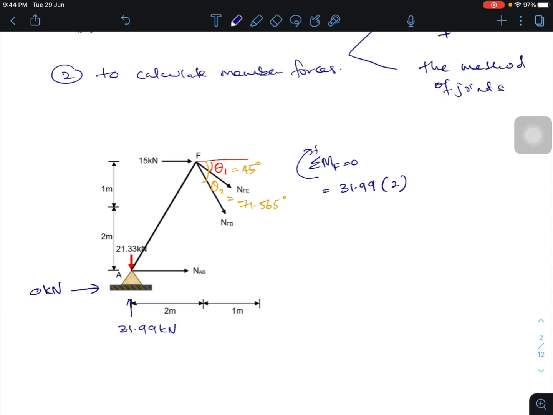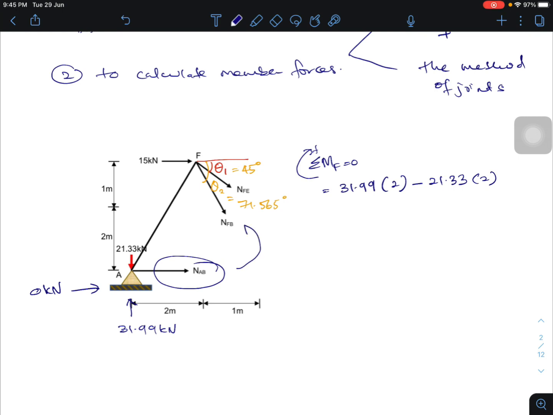And then this load 21.33 will rotate anti-clockwise about joint F. If anti-clockwise, the sign is negative, so 21.33, and the distance is the horizontal distance from A to F, so 2 meter. And then we have this force NAB.